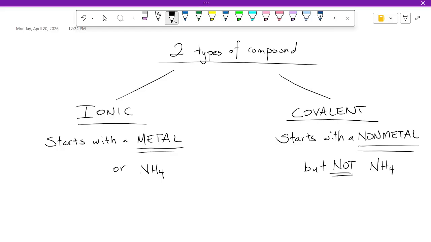All right, so that's how you tell the two of them apart. Which one uses prefixes? Covalent uses prefixes. Ionic, no prefixes.